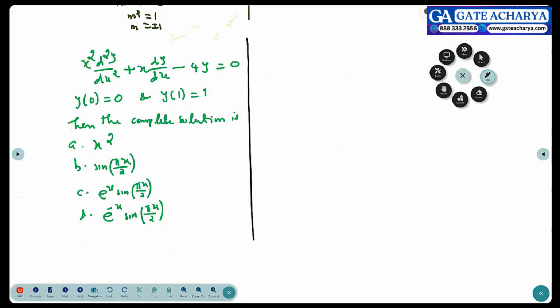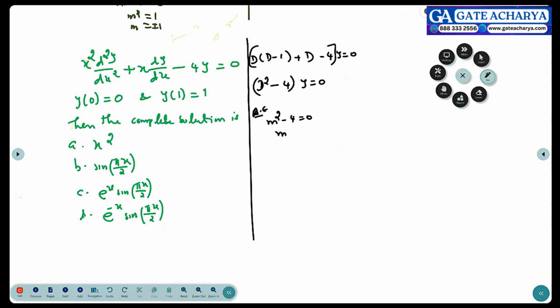So first, second order derivative, therefore d minus 1 plus d minus 4 into y is equal to 0. So d square minus d plus d cancels, so minus 4 into y is equal to 0. Therefore, auxiliary equation is m square minus 4 is equal to 0.